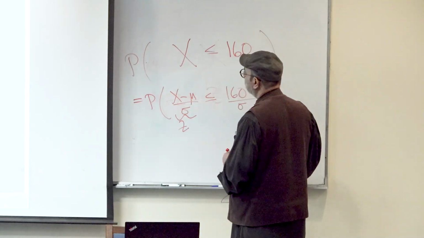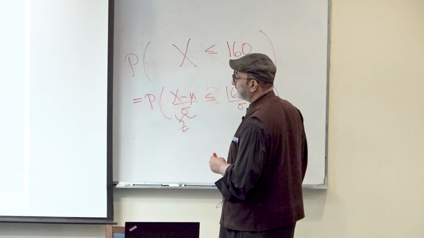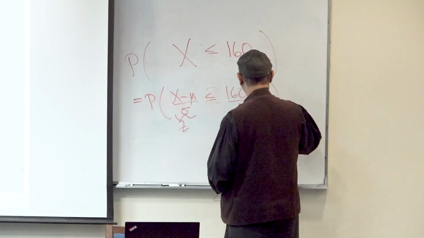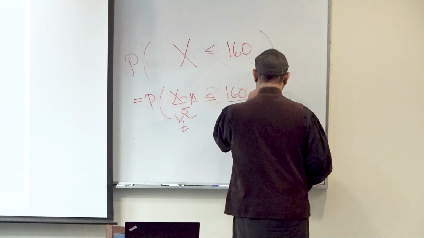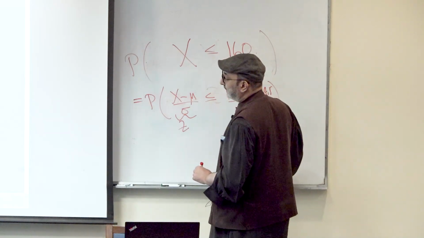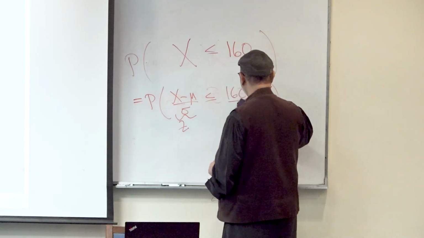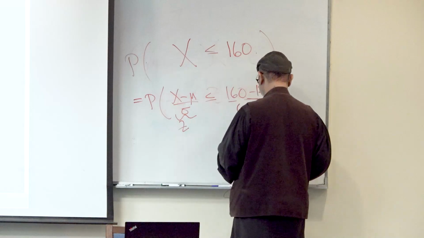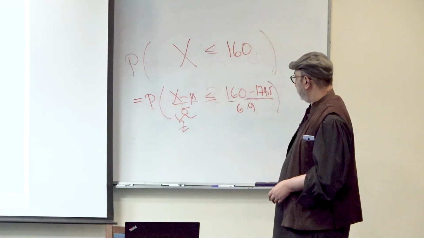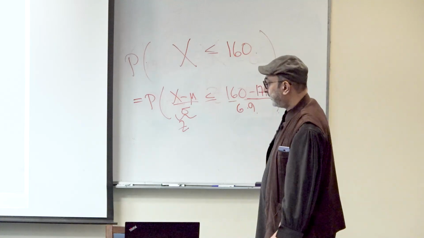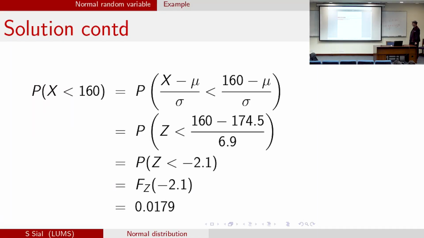Okay, so mu is 174.5 and sigma is 6.9. Okay, so this is the probability that the standard normal takes values less than minus 2.1.